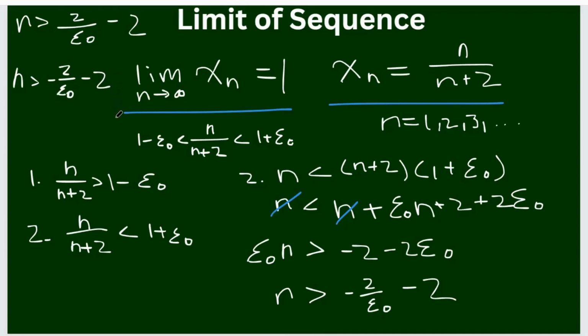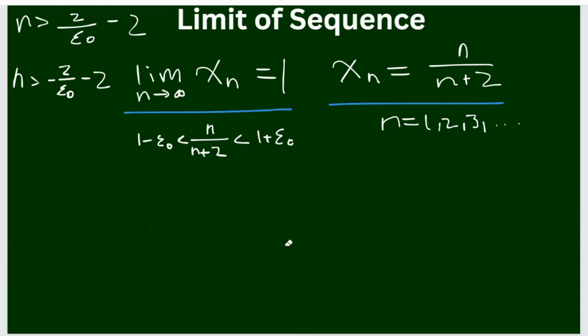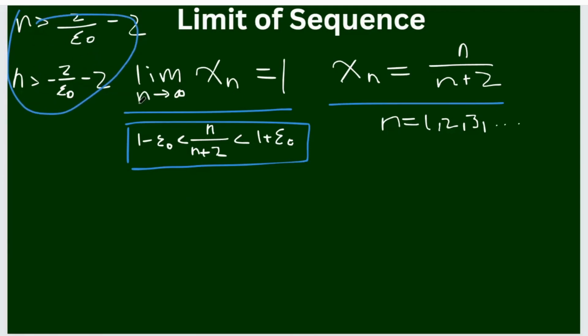Okay, now that you have these two, I'm going to erase this part. We got this from where we had to solve two parts, so these two need to intersect. You need to get the intersection of these two solutions.